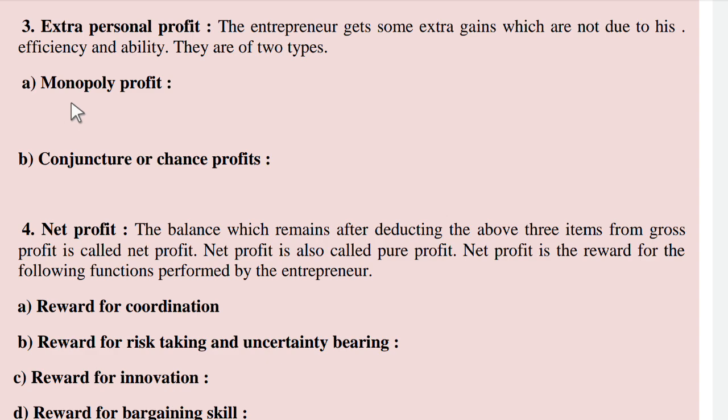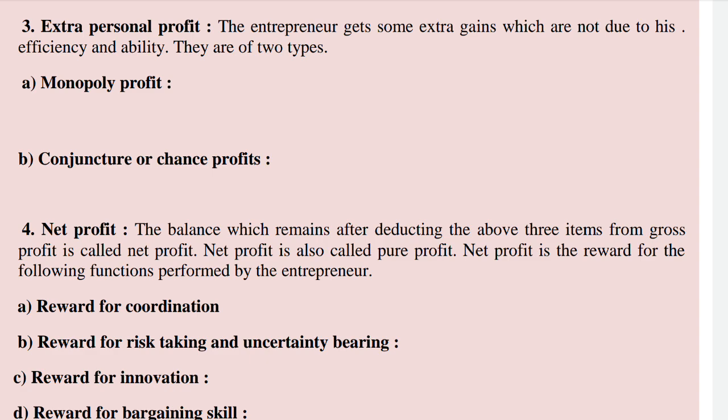How does it arise in the production process or in the market field? Let us check it. It is possible that the entrepreneur is a monopolist. He may have effective control over the supply of his commodity, so he may earn monopoly profit.